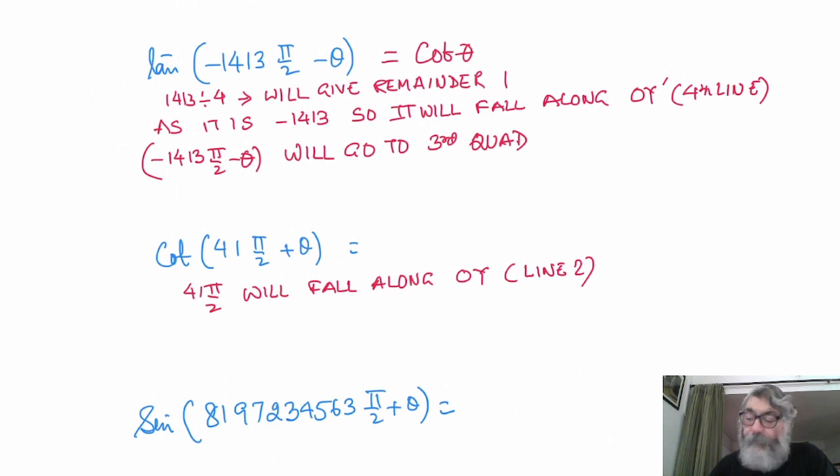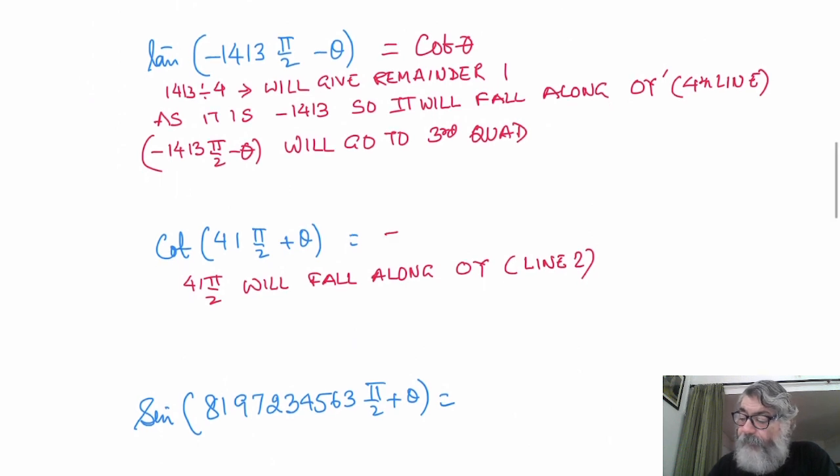So plus theta will fall in the second quadrant, and in the second quadrant only sine and cosec are positive, cot will be negative, so it will be minus tan theta. Cot will change into minus tan. Till now I am discussing all pi by 2. The transformation is taking place along the y-axis.